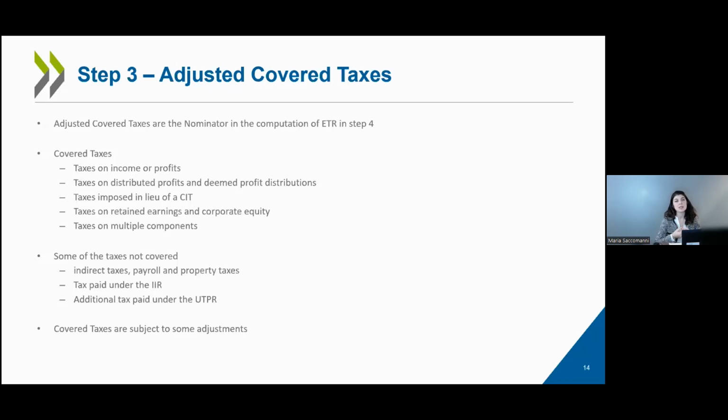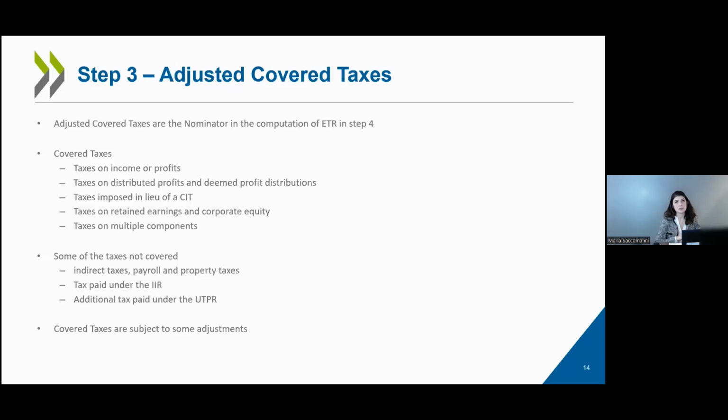So as you can see, the definition is quite broader than the general corporate income tax under the general accounting principle.